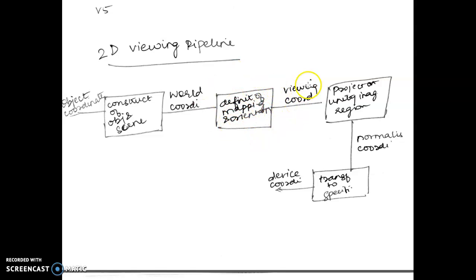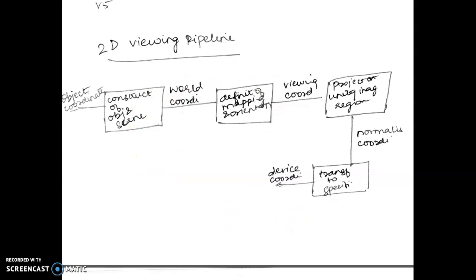Okay, then the viewing coordinate is converted into normalized viewing coordinate using projection and unity image region. Then finally the normalized coordinate is converted into device coordinate using transfer specifications. Okay, so this is the 2D viewing pipeline diagram.